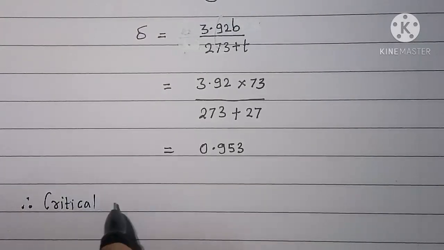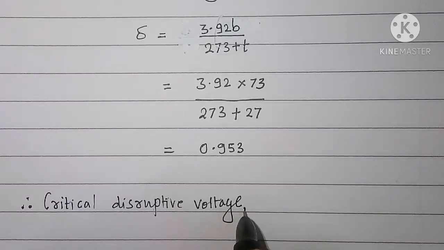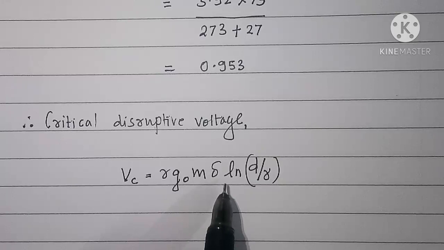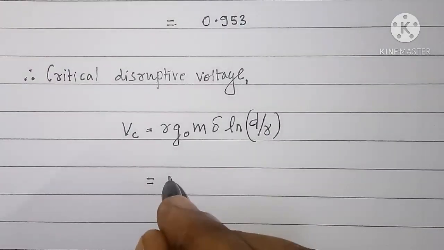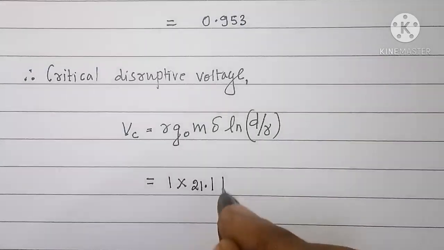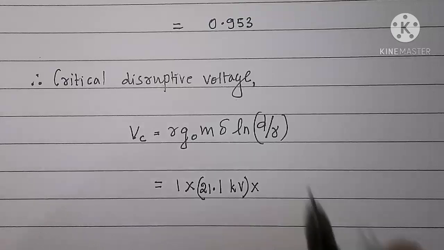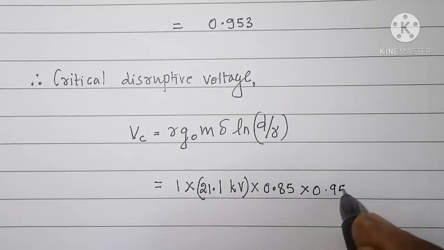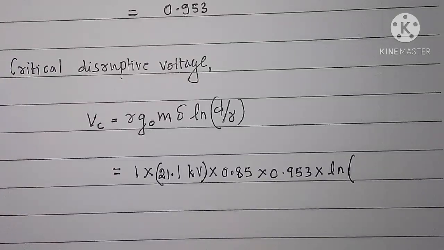Therefore, critical disruptive voltage Vc is equal to R into G naught into M into delta into ln of D by R. That is equal to radius is 1 centimeter, so 1 into G naught is 21.1 kV, M is 0.85, put it in bracket, into 0.953, just now we have calculated, into ln of 350 centimeters.